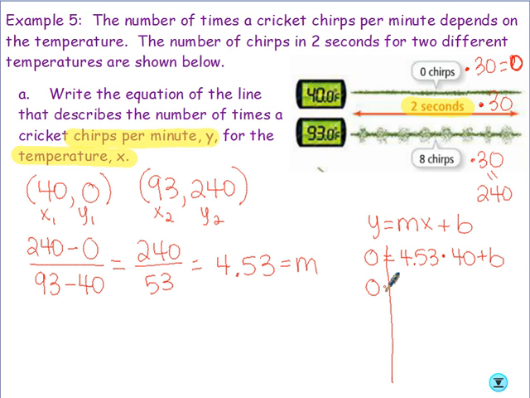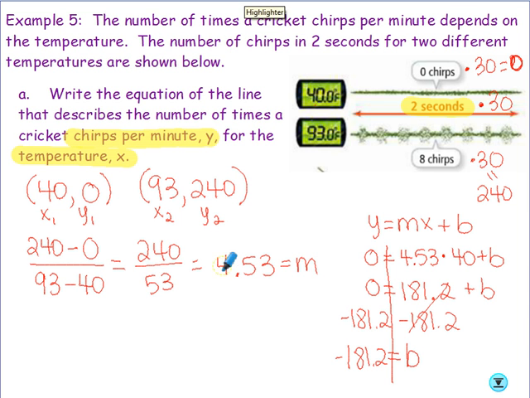We have 0 equals, if you type in your calculator 4.53 times 40, you should get 181.2 plus b. Now, I still need b by itself, so I'm going to subtract 181.2 from both sides. Those cancel. 0 take away 181.2 is negative 181.2. And that's your b.